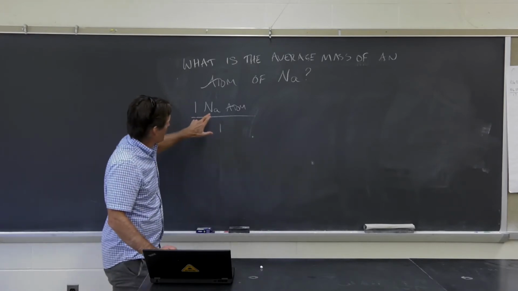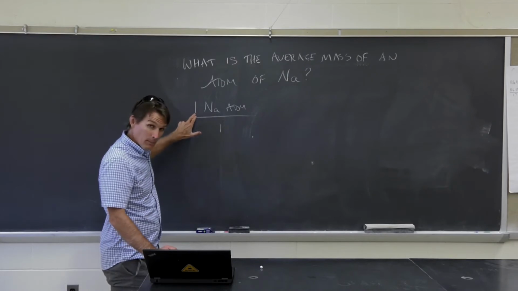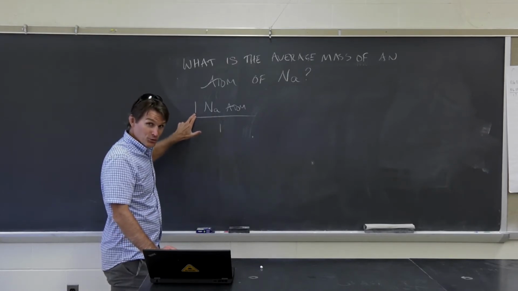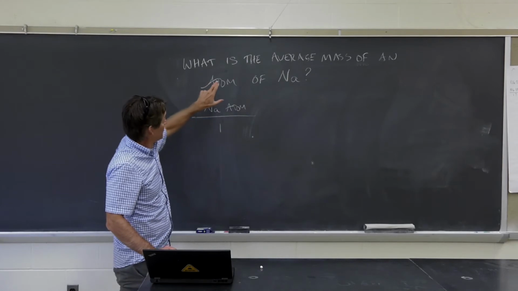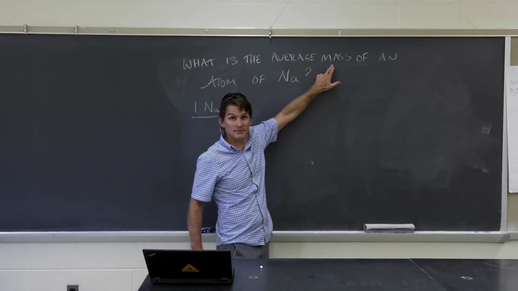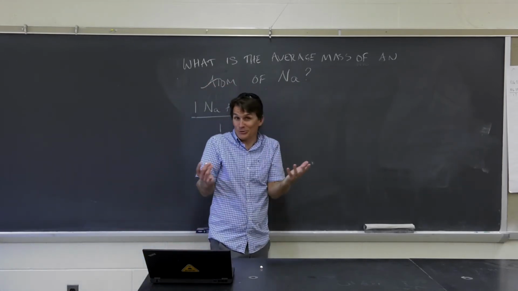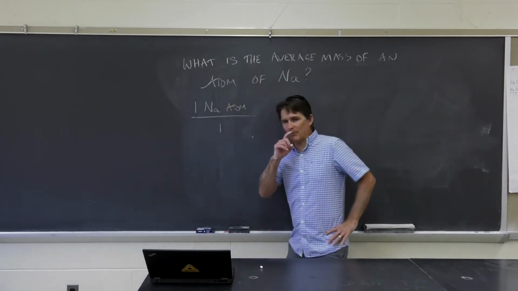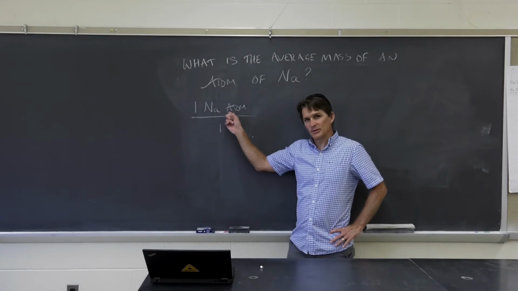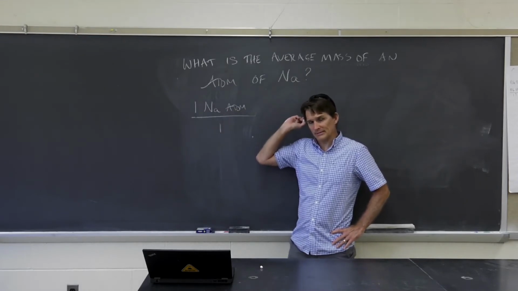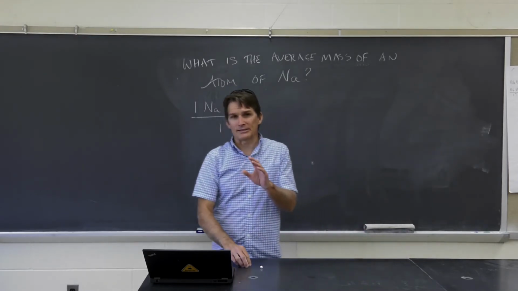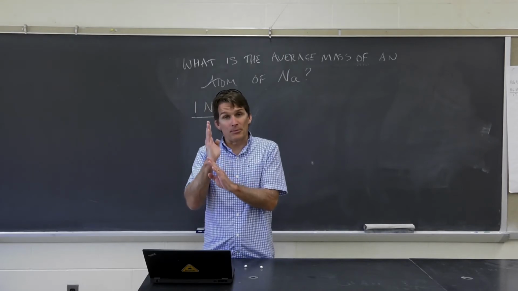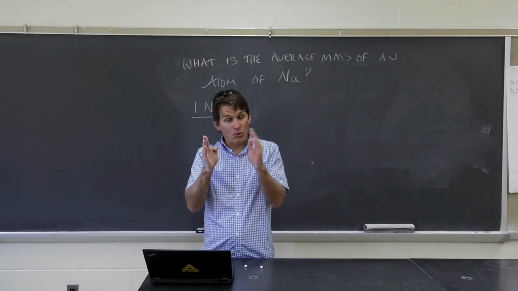Now, we want to go from this number to, what do we want? We want the mass. We want to know how much 1 atom weighs on average. So how am I going to get from number all the way to mass? Well, you want to recognize that you can first go from number to moles.